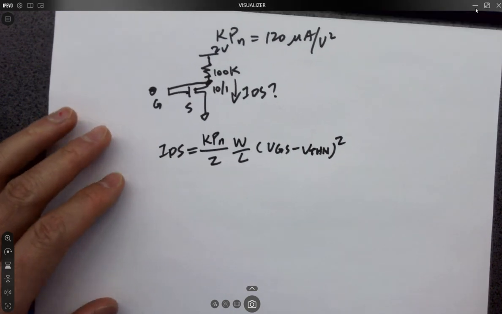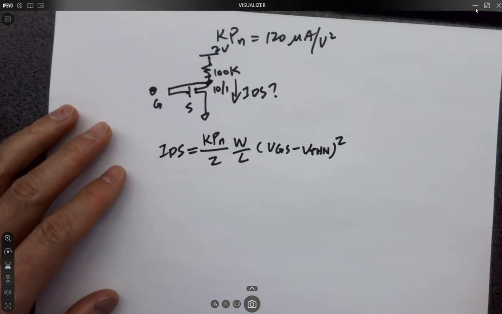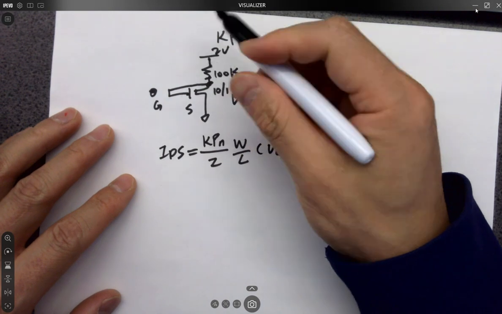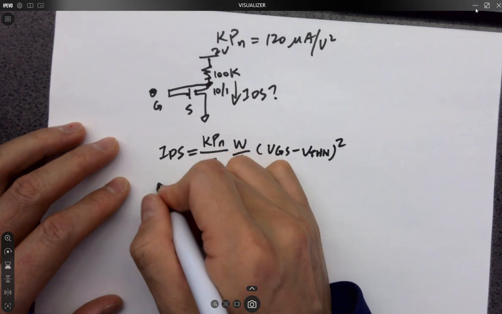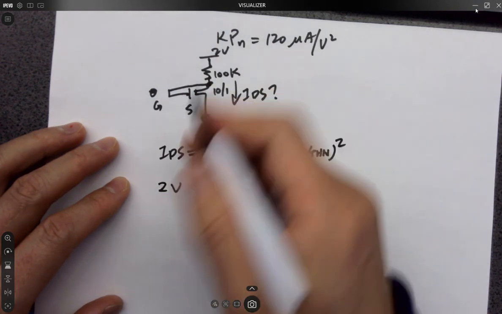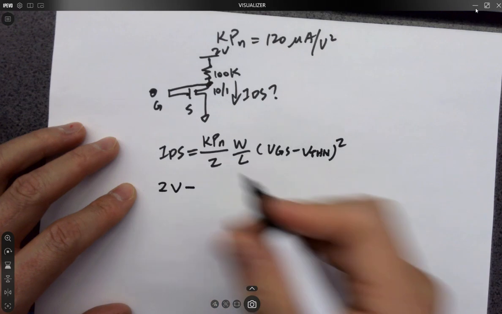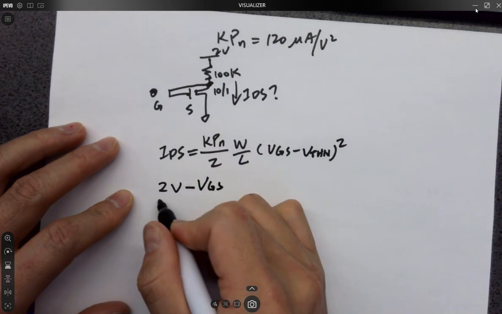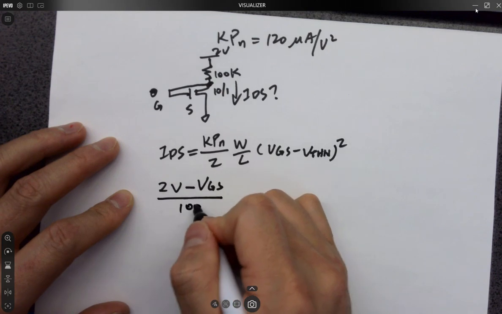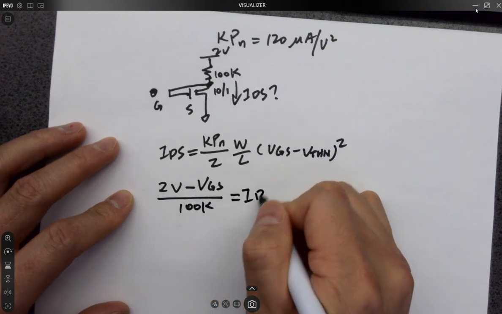This is the first equation we have. And the second equation, 2 volts minus VGS over 100K is also IDS.